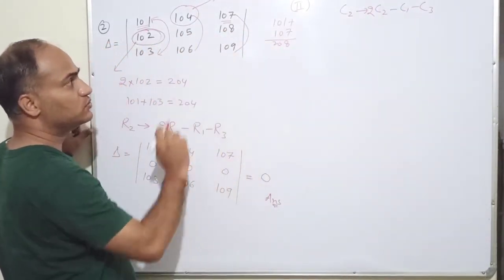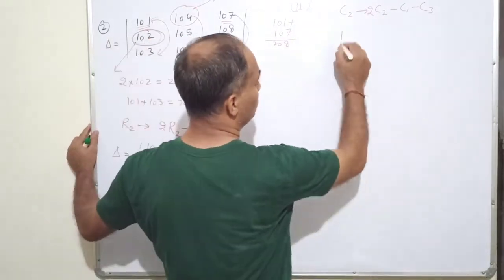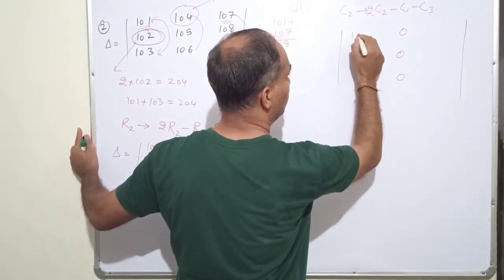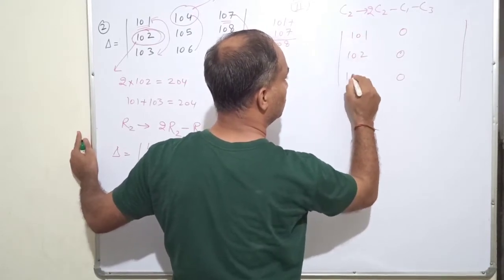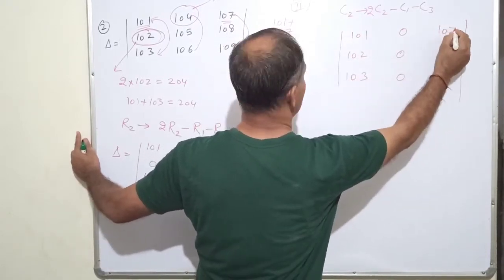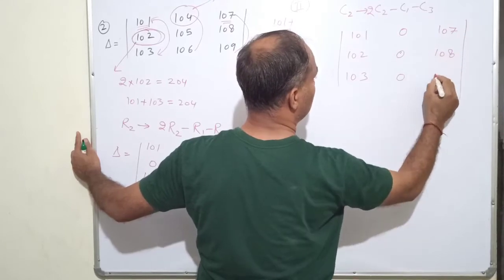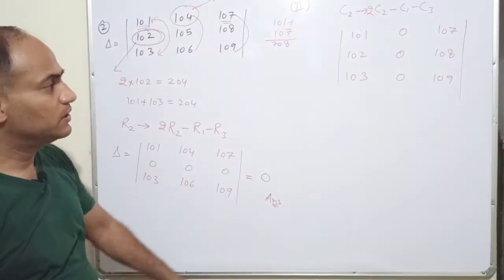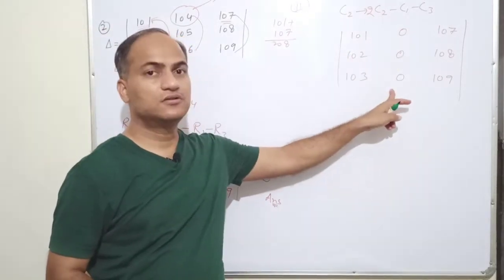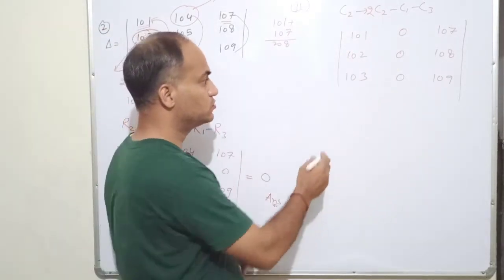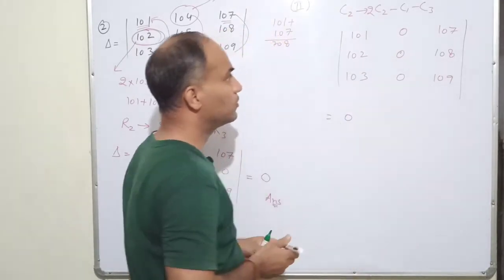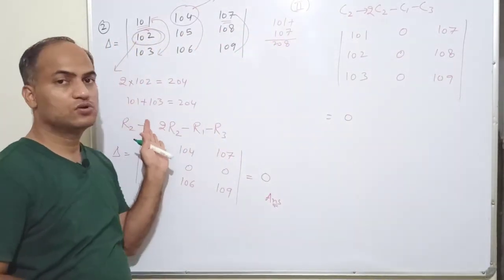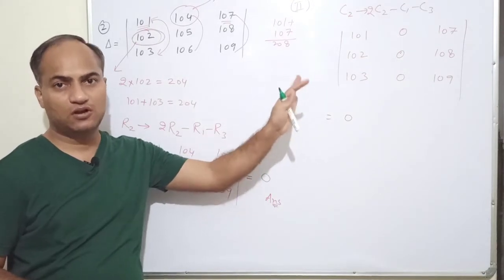If we do this operation, the similar thing will happen. We get the values 107, 8 and 9. Here also, by the property of determinants, all values of a column are 0, so this will be 0. So you have a choice: either you can apply the operation in rows or in columns.